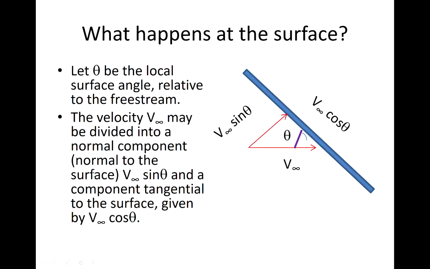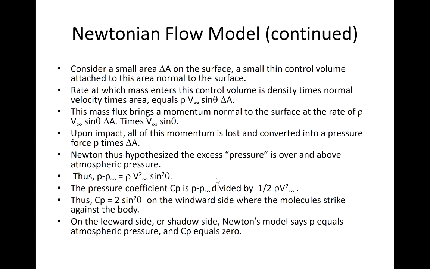So if this is the v infinity that the particle has as a velocity, if the body is at an angle of alpha, then it'll lose the v infinity sine alpha component of velocity, but it'll retain its v infinity times cosine alpha component of velocity. So this is what Newton modeled. It's far from a perfect model, but this is the model he assumed 300 plus years ago.